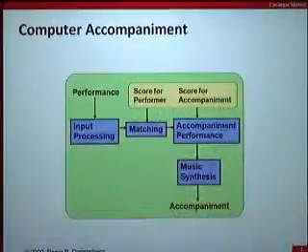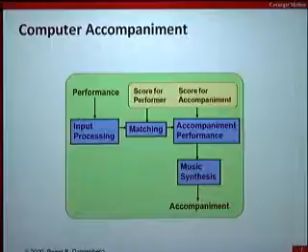The trumpet performance is going into this input processing box, which really is doing pitch recognition, and the computer, because I've loaded up this score, has a sequence of what I'm supposed to be playing, and those get matched together using a modification of the longest common subsequence string matching dynamic programming algorithm, modified to deliver results incrementally in real time.